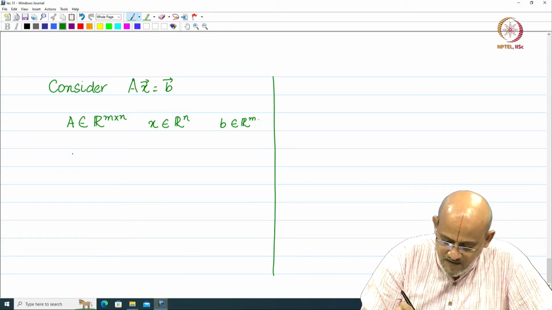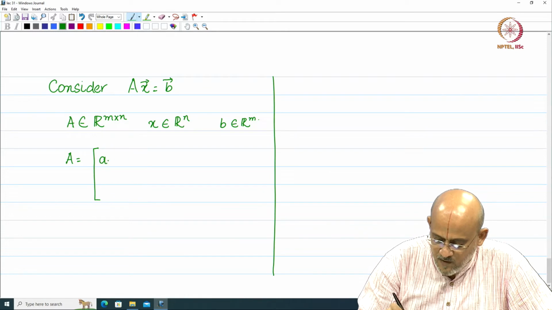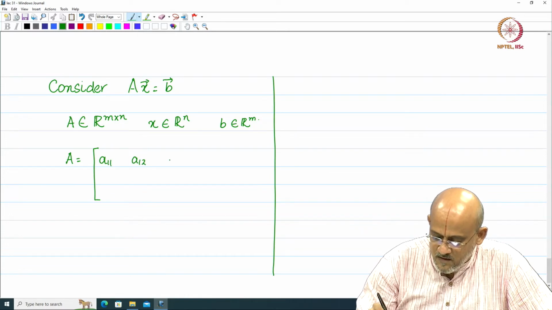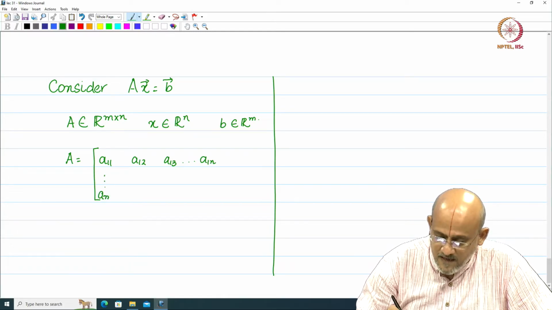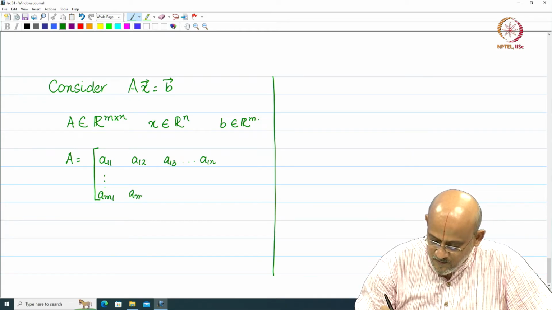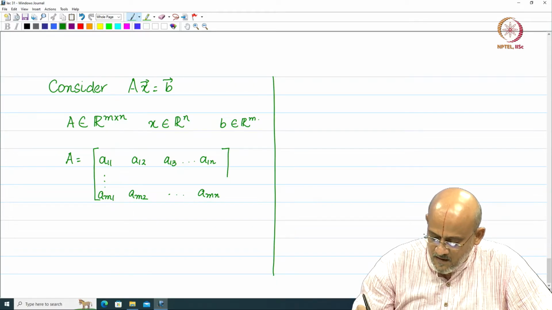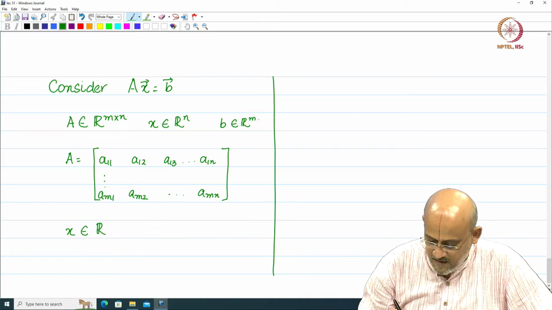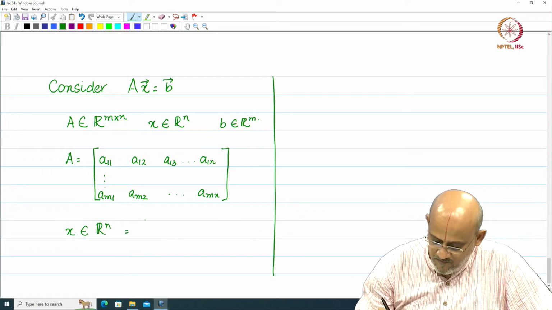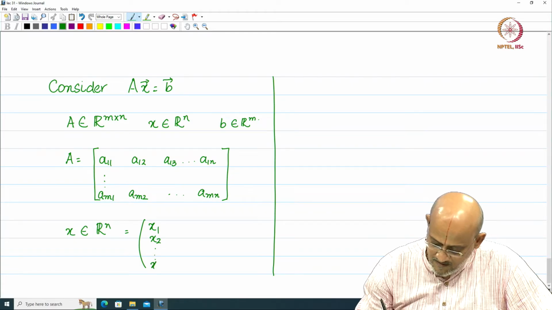If I say Ax equal to B, let A be the matrix with entries A11, A12, A13, etc., A1n, down to Am1, Am2, etc., Amn, and my x is going to be a vector from Rn, of the form x1, x2, etc., xn.